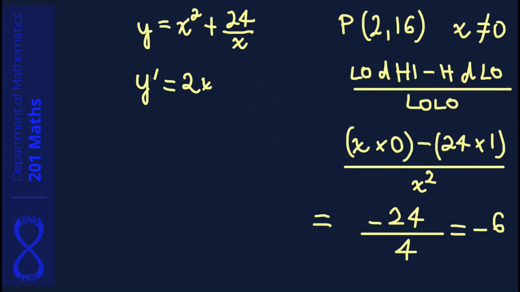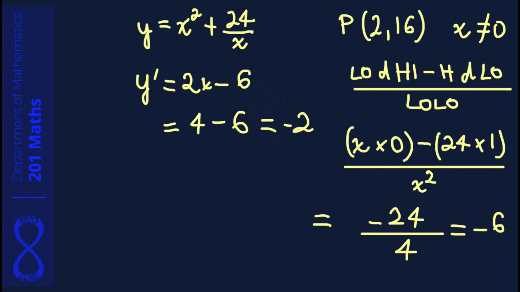So the derivative of y is 2x plus minus 6, meaning minus 6. Our 2x equals 2 times 2, which is 4, and minus 6. Our y prime is equal to minus 2, which is the gradient of our curve at the point where x equals 2 and y equals 16.